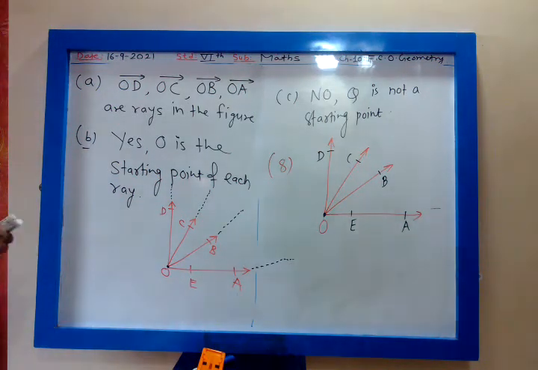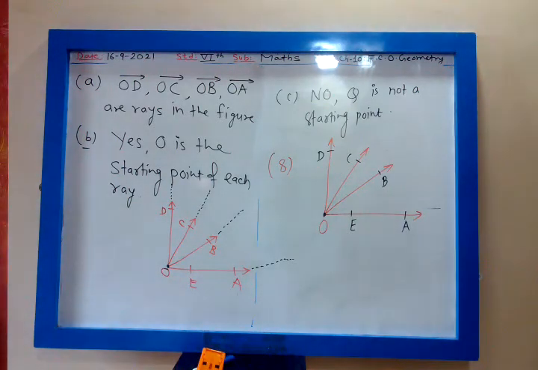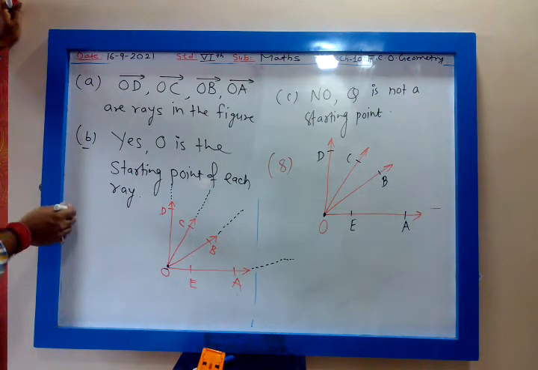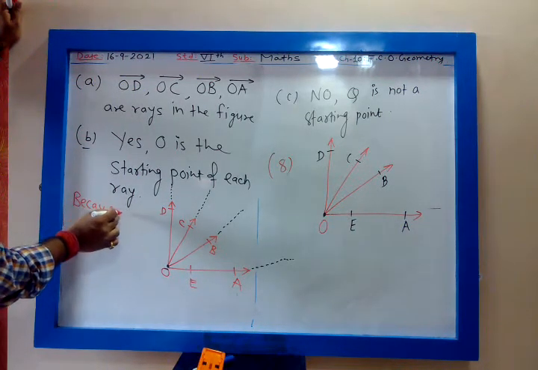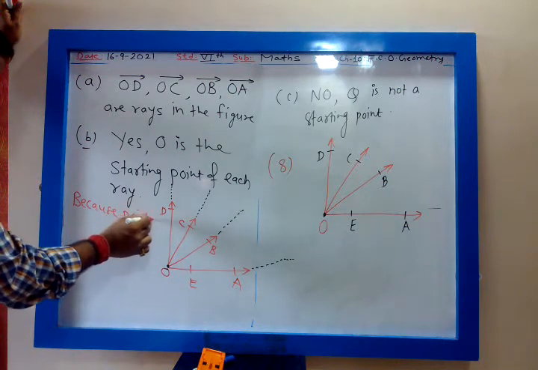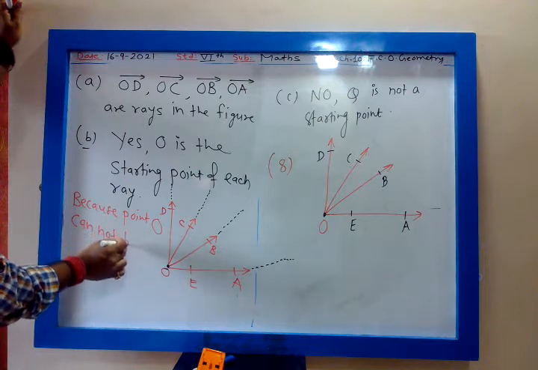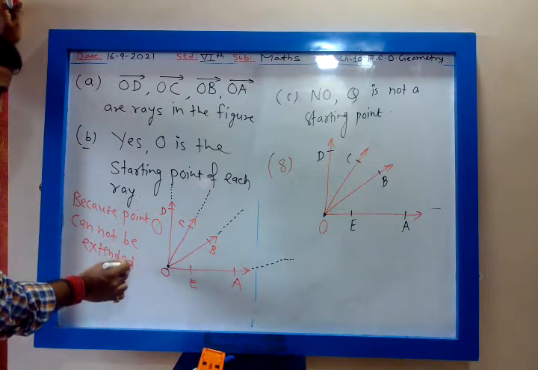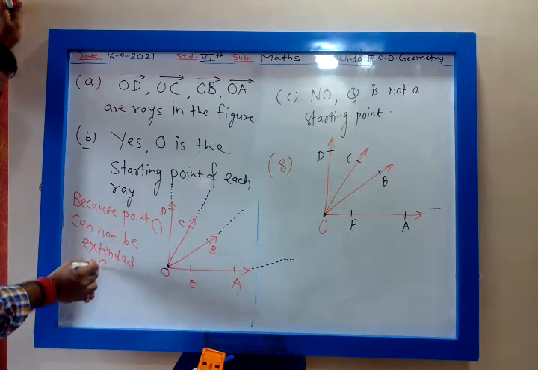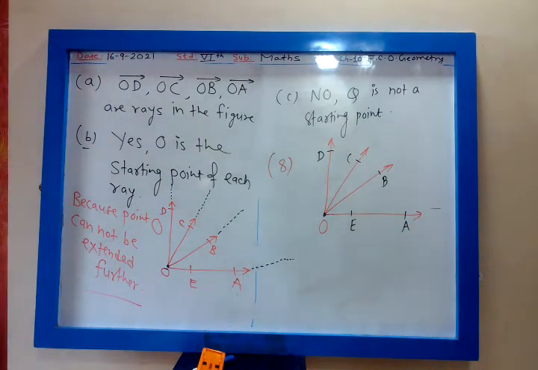There is a dot at O. So O is the starting point, because point O cannot be extended further.